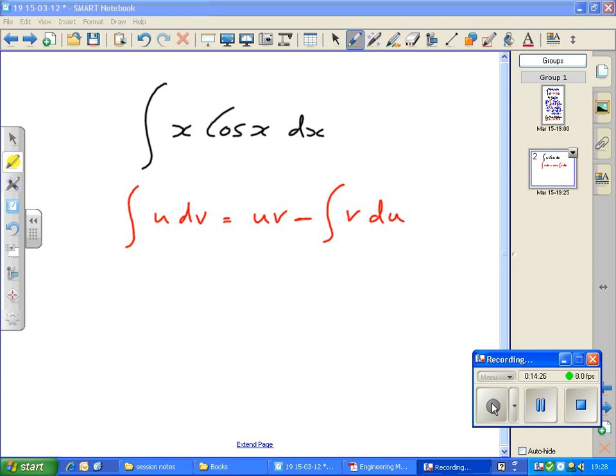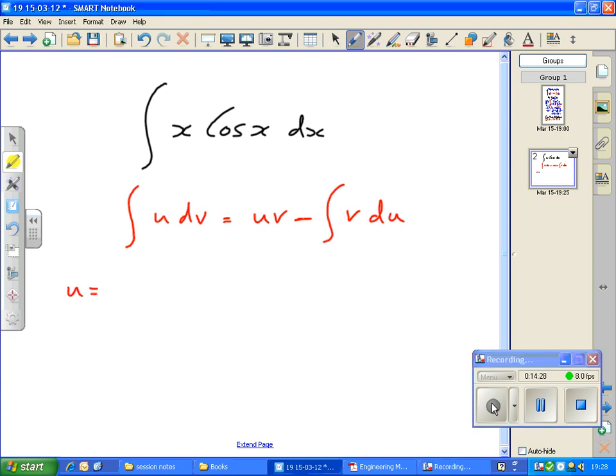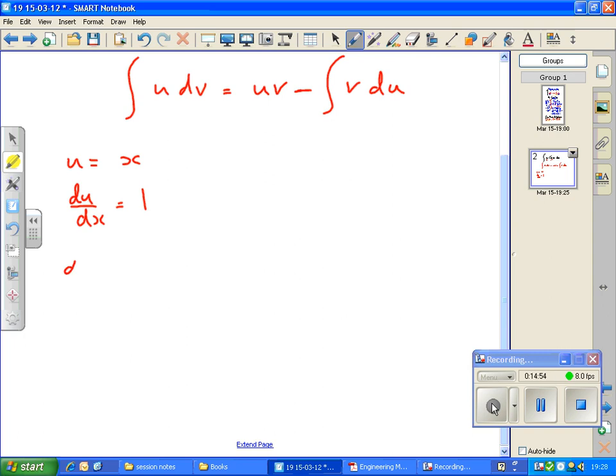So let u equal x. The bit I've called u, I need to differentiate it, so du by dx equals 1. So if I've let u equal x, the other bit has got to be the dv bit. So dv has got to be cos x.